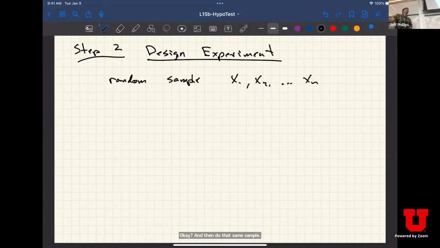We would do the convenience sample where we ask people to measure their height, but we didn't just do it in this part of campus or by the engineering building; we did it in various spots around Utah. If we picked enough spots around Utah, this would probably be random. So this could work.